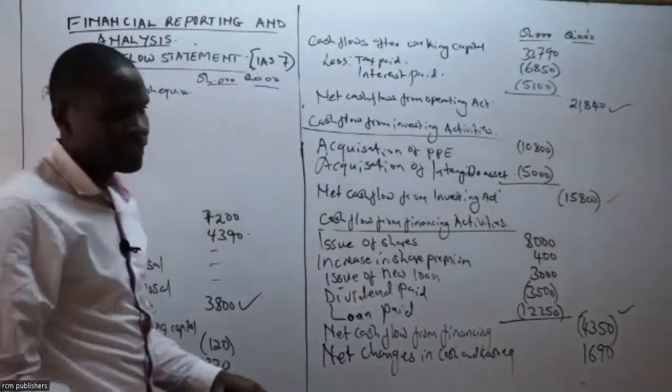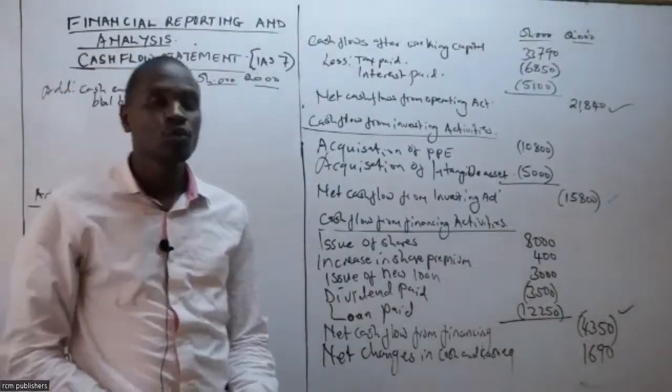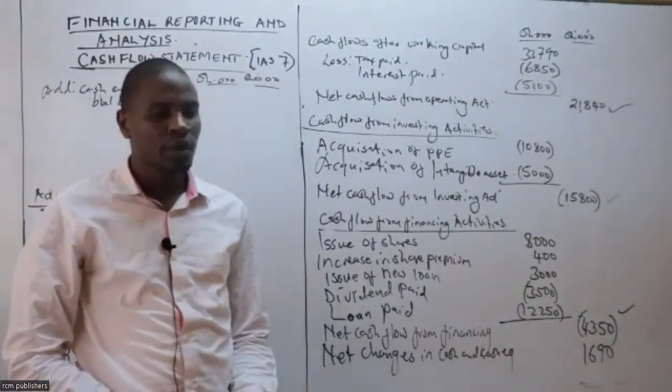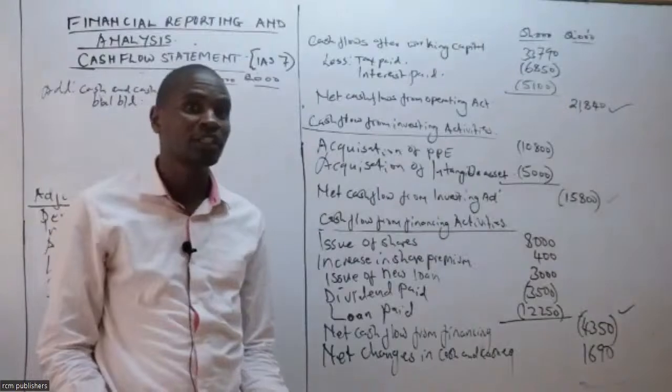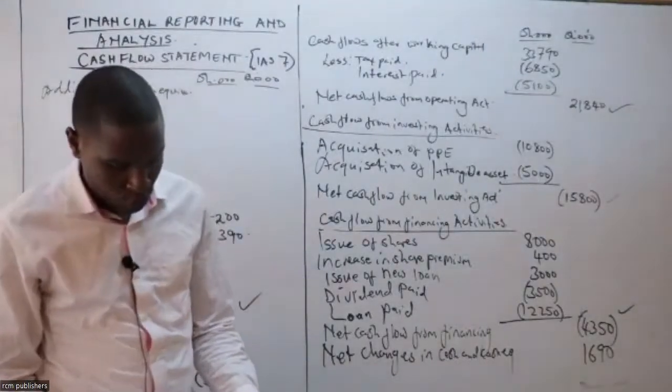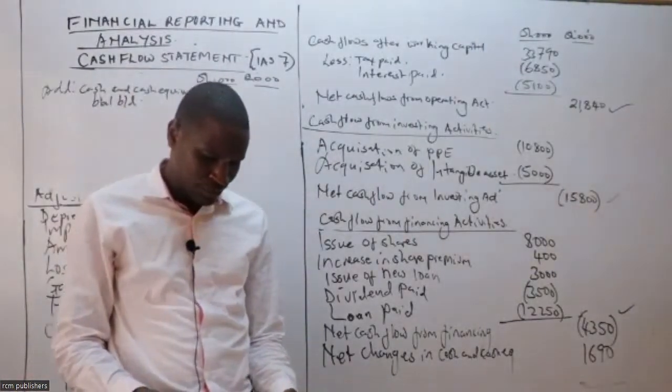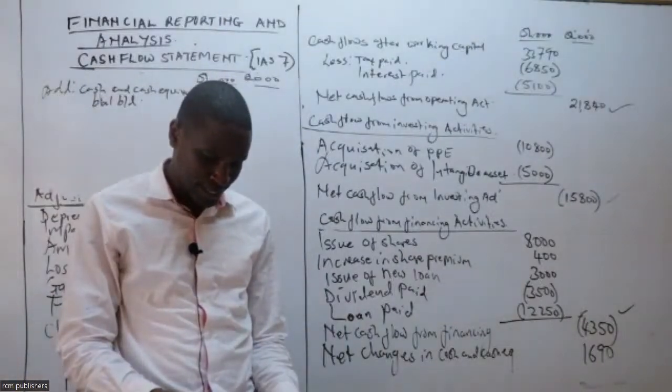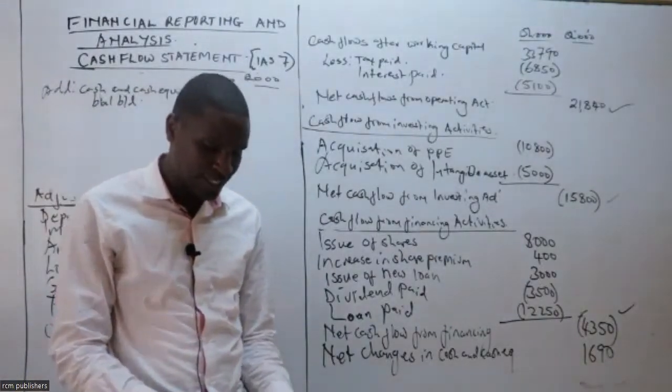How do we get cash and cash equivalent balance brought down? You go to where we have the current assets. Where we have the current assets, you have the cash and cash equivalent, and this is how you do it. I can see we had 4,670.